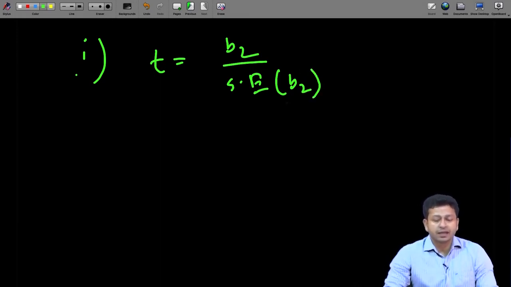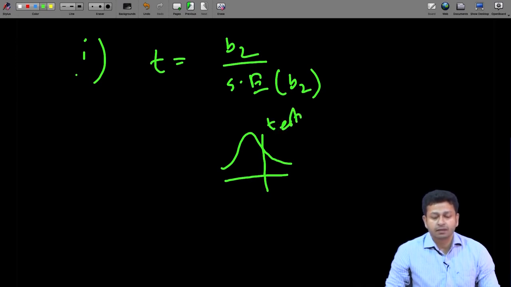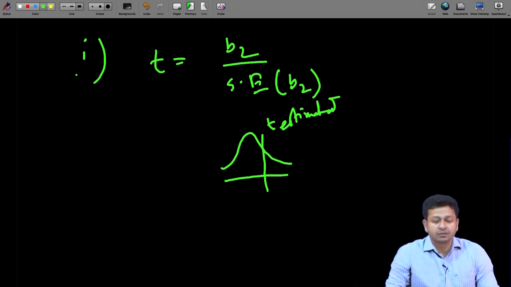Now if the standard error of beta 2 is very high, you are going to have a very low t value. And if I have a very low t value, the estimated t value is going to be somewhere near the mean, to the left of the t critical.